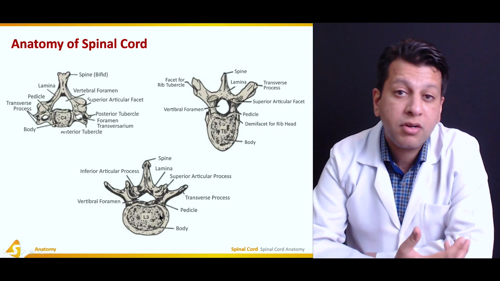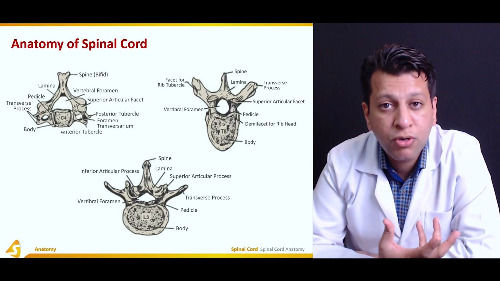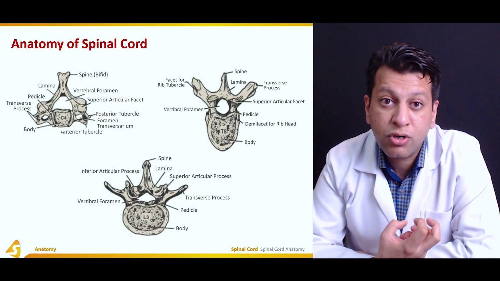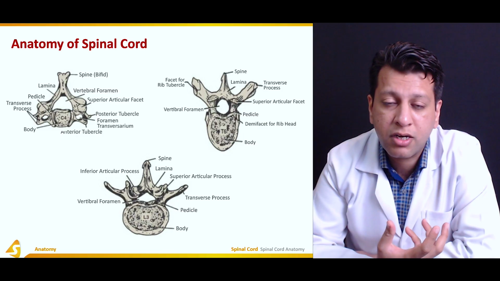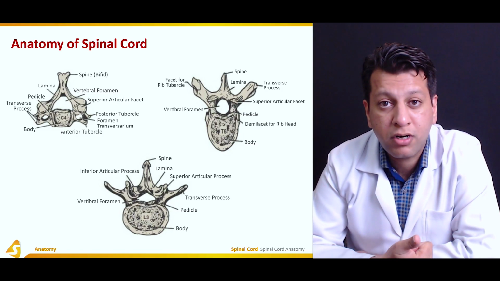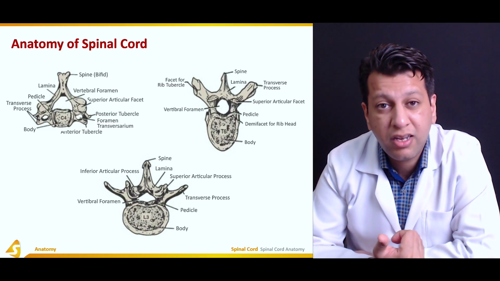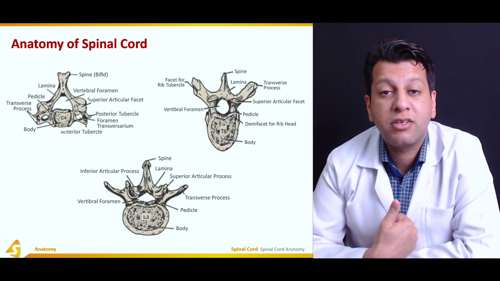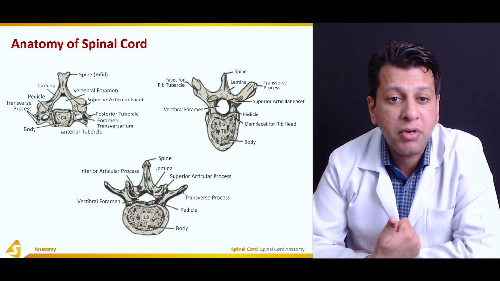So in the upper cervical vertebrae, although they are not strong from a bony point of view, there is a lot of space available for the spinal cord. So transection of the spinal cord is highly rare, but if it does occur, it is highly lethal. It results in quadriplegia.